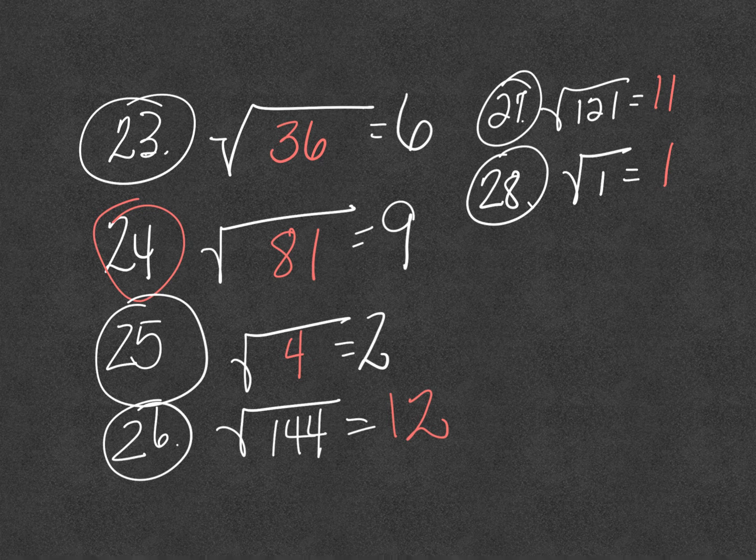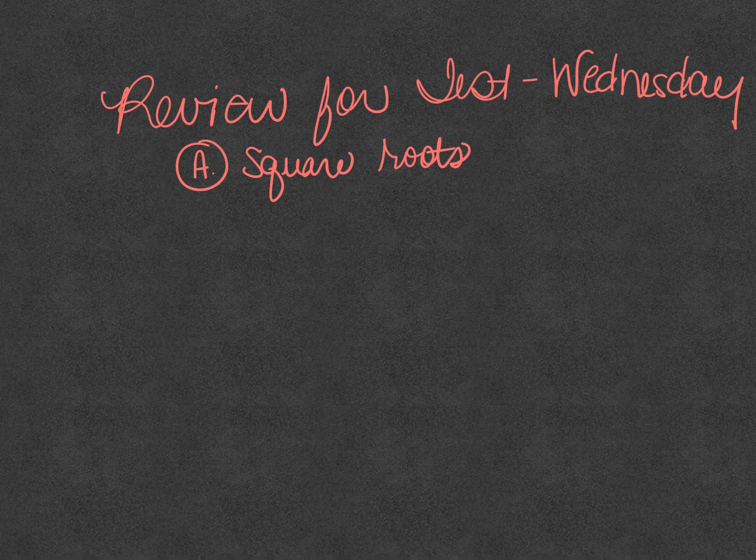All right, so first of all, you will definitely be having square roots along with the other components that go along with the radicals.